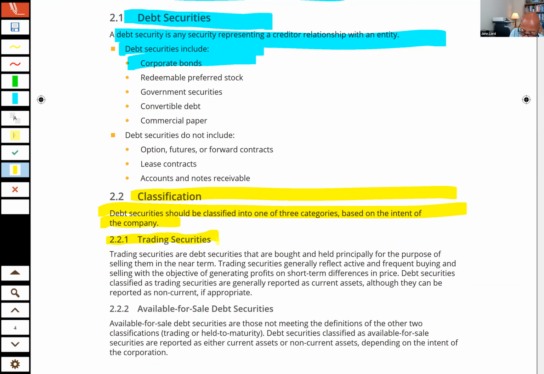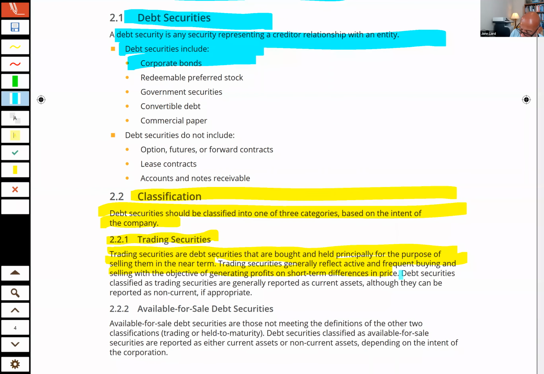One is trading securities. Trading securities are debt securities that are bought and held principally for the purpose of selling in the near term. Now, trading securities generally reflect active and frequent buying and selling with the objective of generating profits on short-term differences in the price.